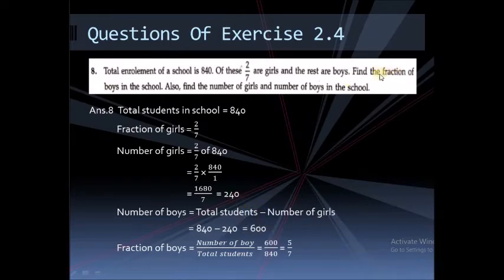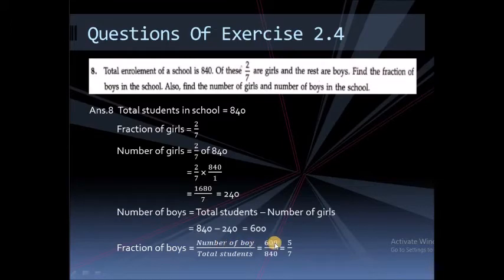One more thing is being asked, the fraction of boys. If you want to write anything in the form of a fraction, I always told you that you will write the total parts or total number in the denominator. So here also for finding the fraction of boys, I will write total students in the denominator, and the number of boys I have to write in the numerator because the fraction of boys is being asked.